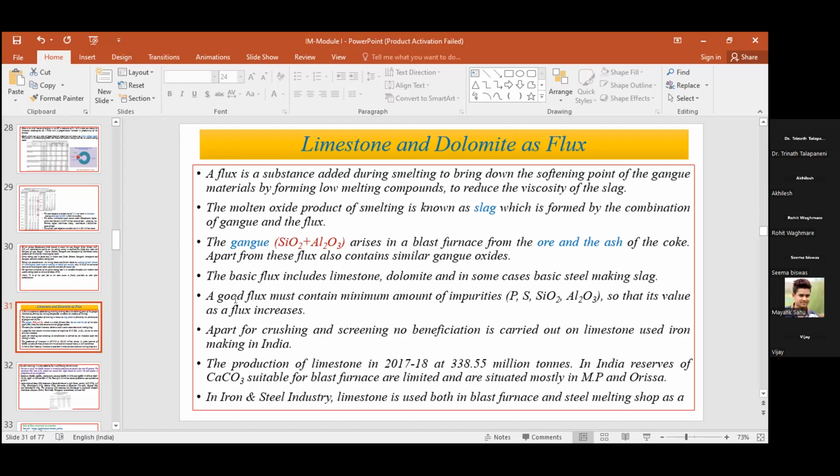So to lower their melting point, we add these fluxes so that they combine to form compounds having lower melting points, so that we can see these refractory oxides in the liquid form at iron making temperatures.